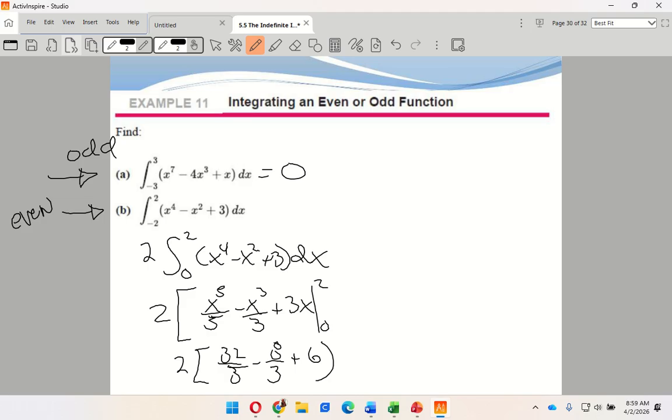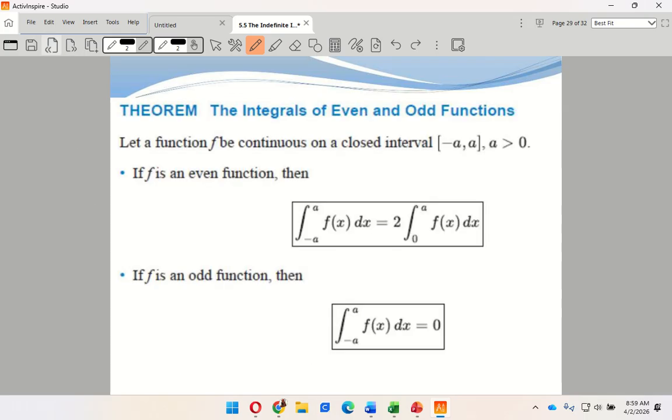And then all this is going to be the upper bound minus 0. And whatever that answer is, that's what we're going to get. So is there always a 2 in front? For an even function? Yes, that's what the formula was right there. So there's a 2 in front of it.